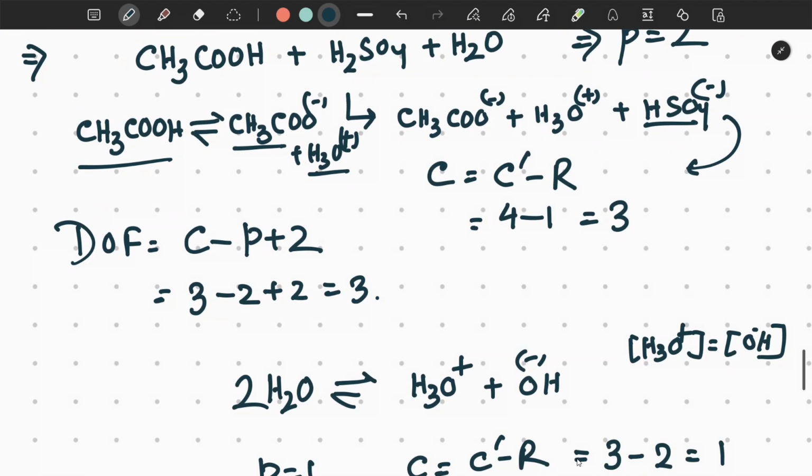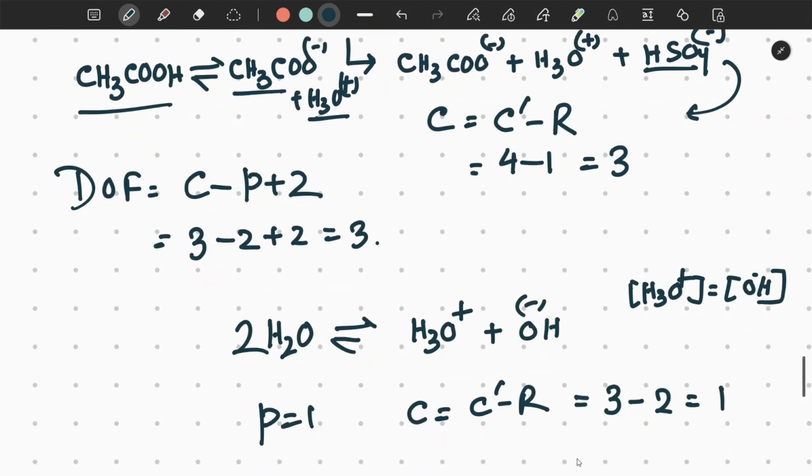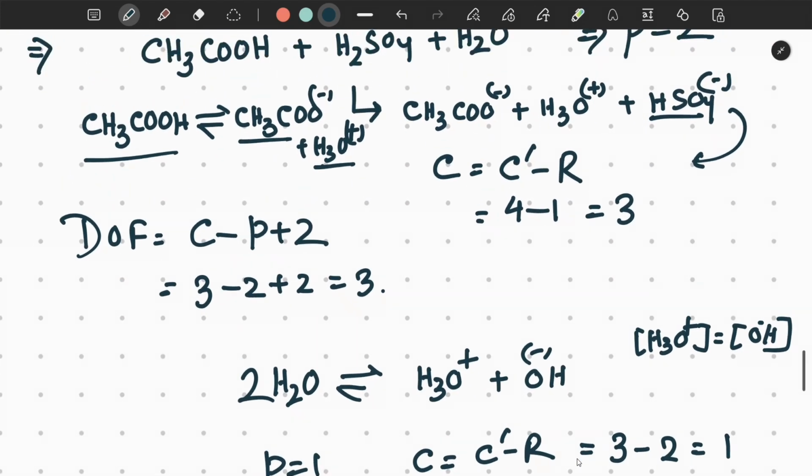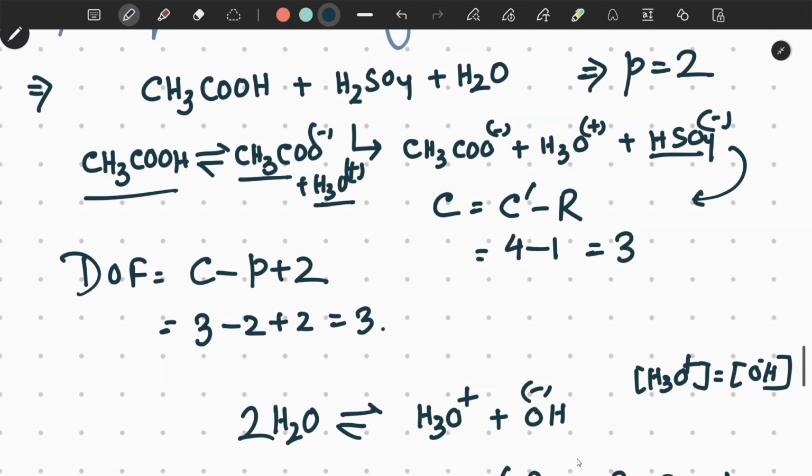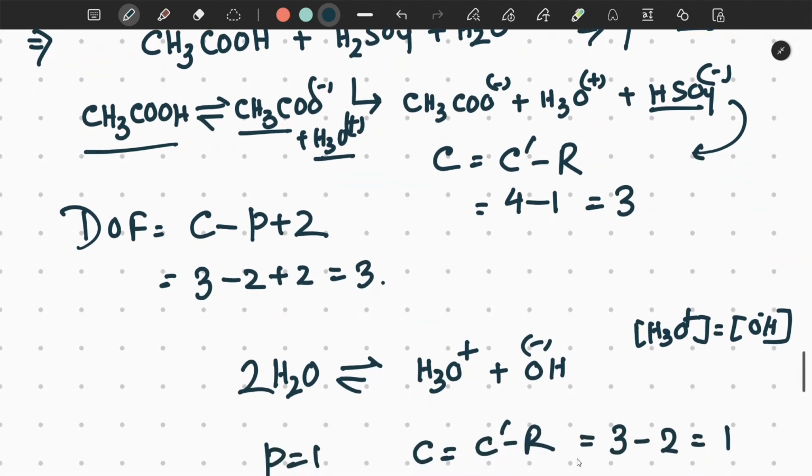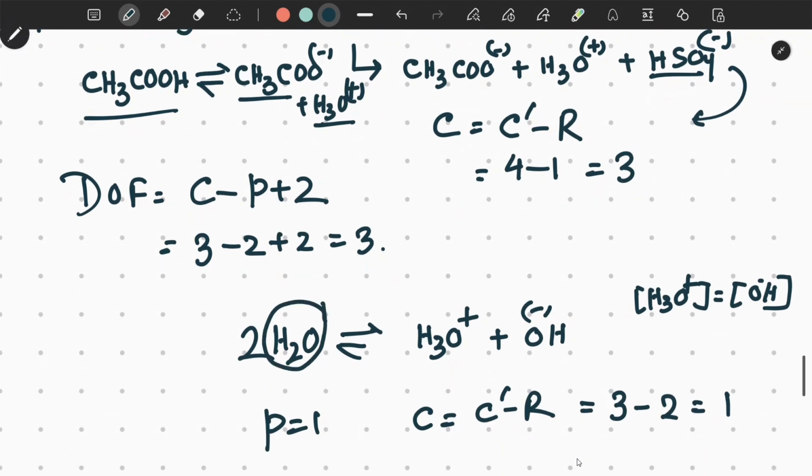But how many C prime will be there if you consider the water? 5, no, I think 6. If you consider water, then you have to consider H2O and OH minus, both. So C prime will be 6 and the restriction will now be 3.